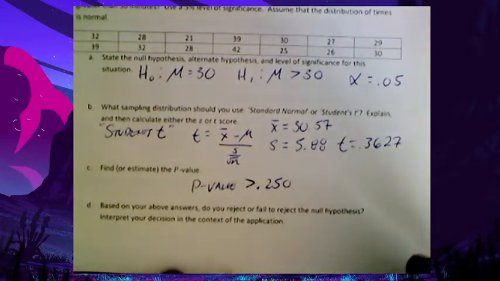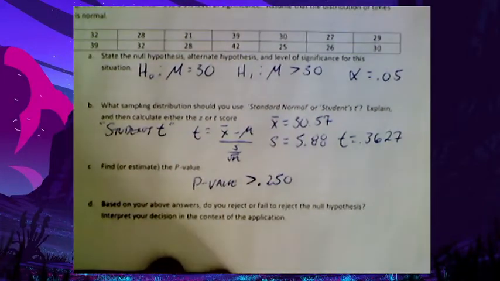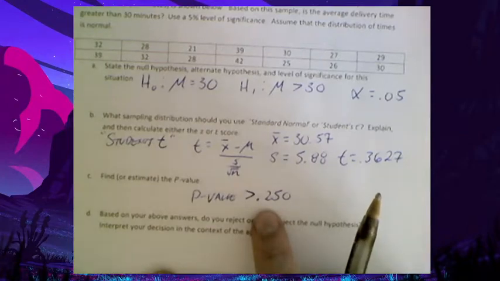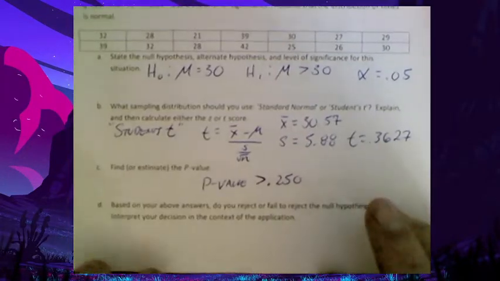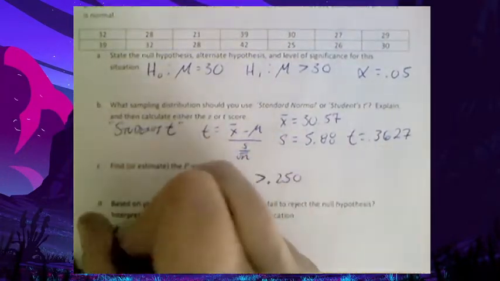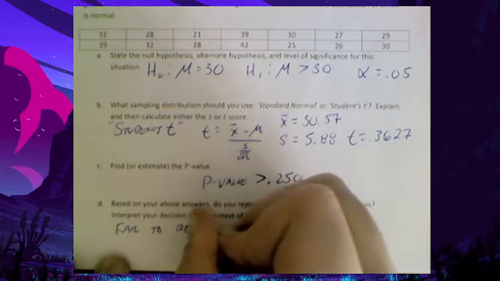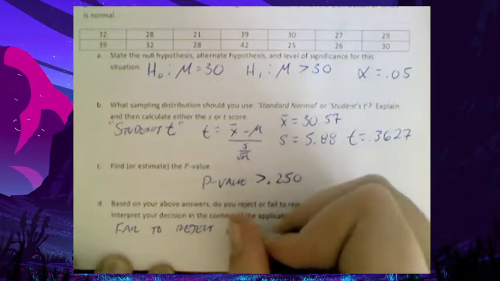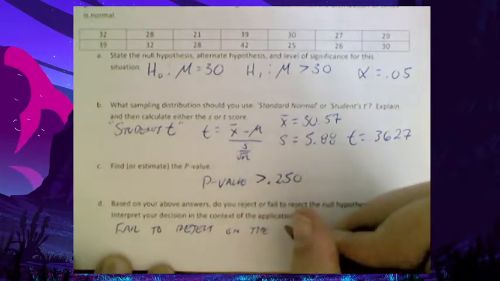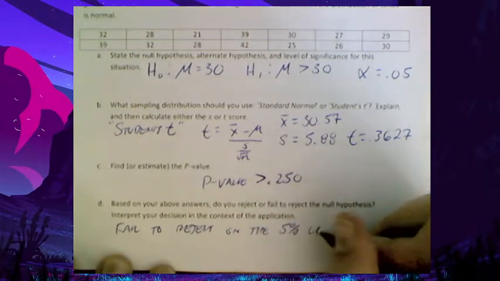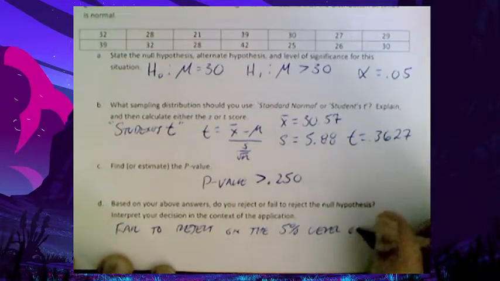So based off of this, do I reject or fail to reject? Well, 0.25 is clearly bigger than 0.05, so I am going to fail to reject on the 5% level of significance.